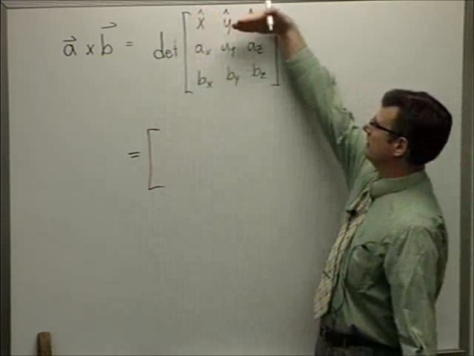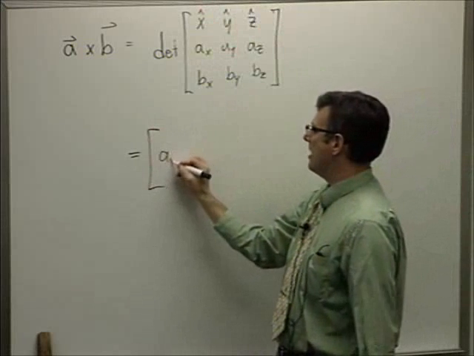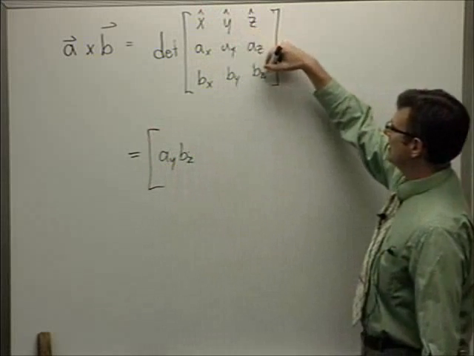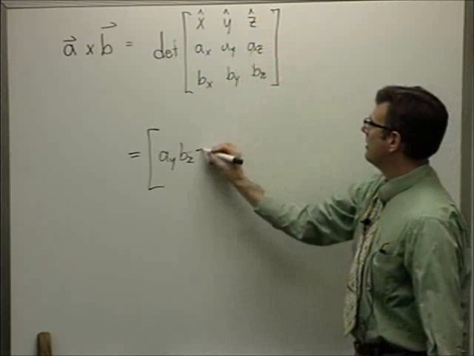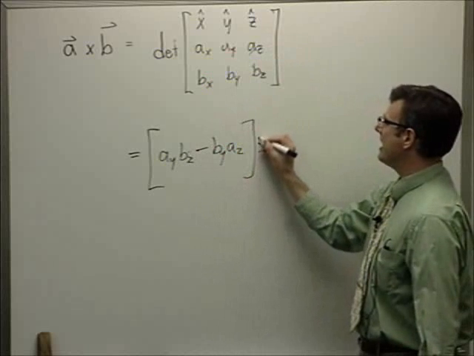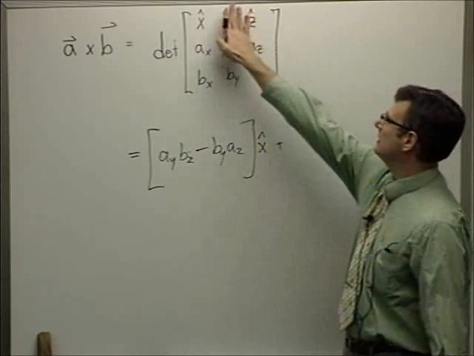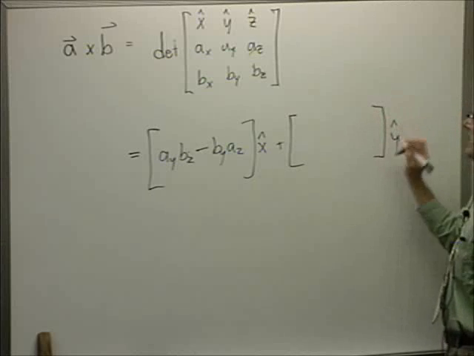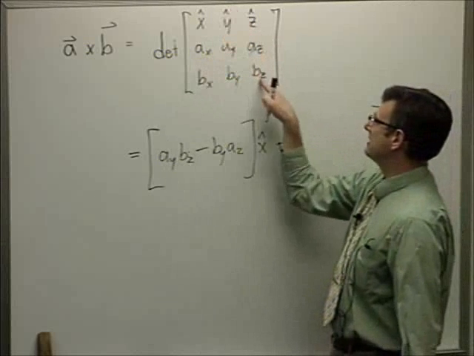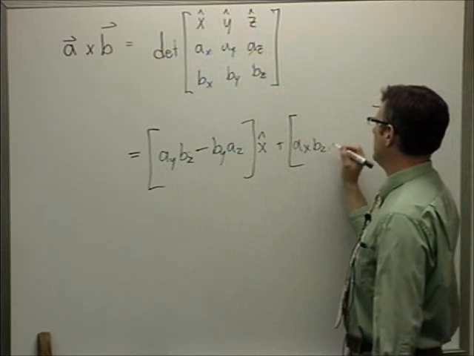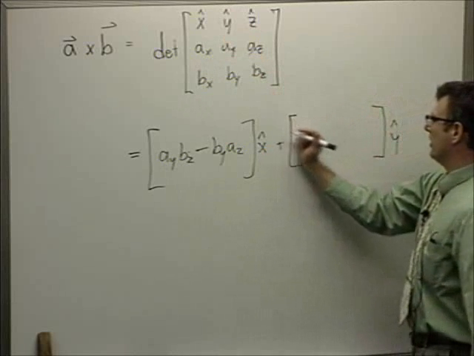Let's see. Subdeterminant, that's going to be ay bz minus by az, stick it on the x hat, plus, let's say I got y hat, ax bz, and actually, because I'm in that center row, I got to flip the sign.